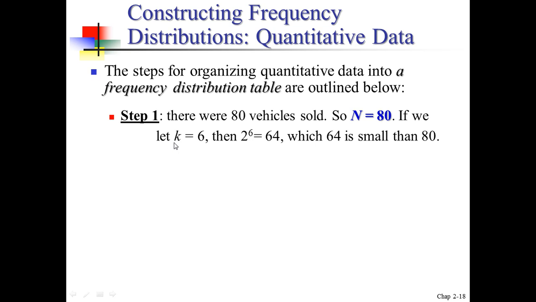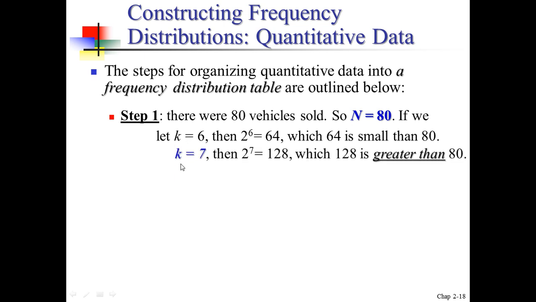I can test if k equals 6: 2 exponent 6 is 64, which is smaller than 80, so k equal to 6 is not it. Then 7: 2 exponent 7 equals 128, which is greater than 80.